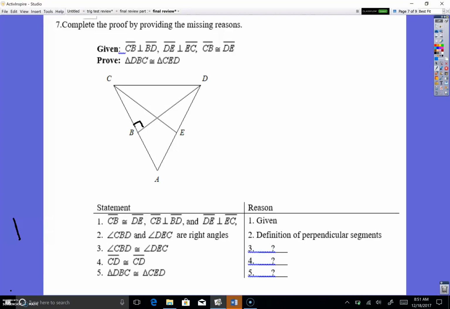And CB is congruent to DE. We have to prove that DBC is congruent to CED.